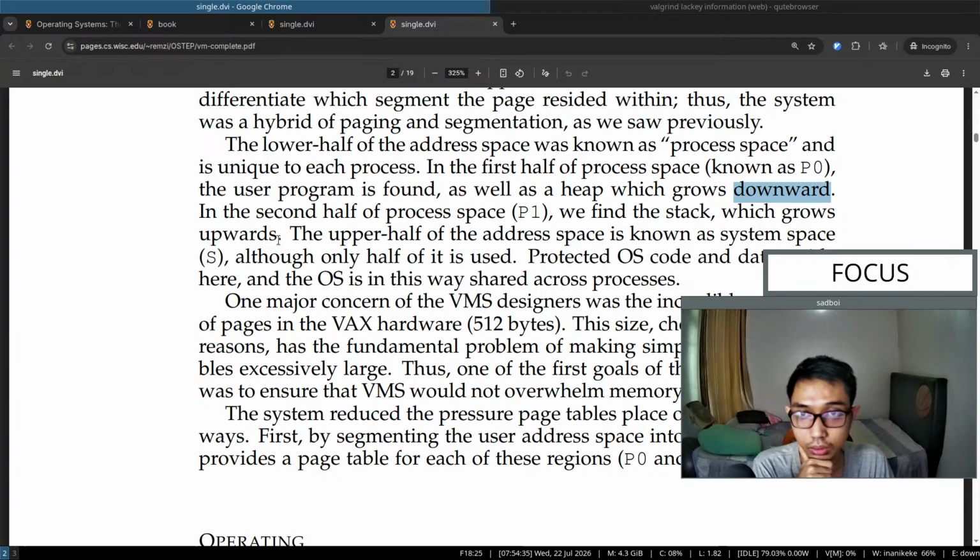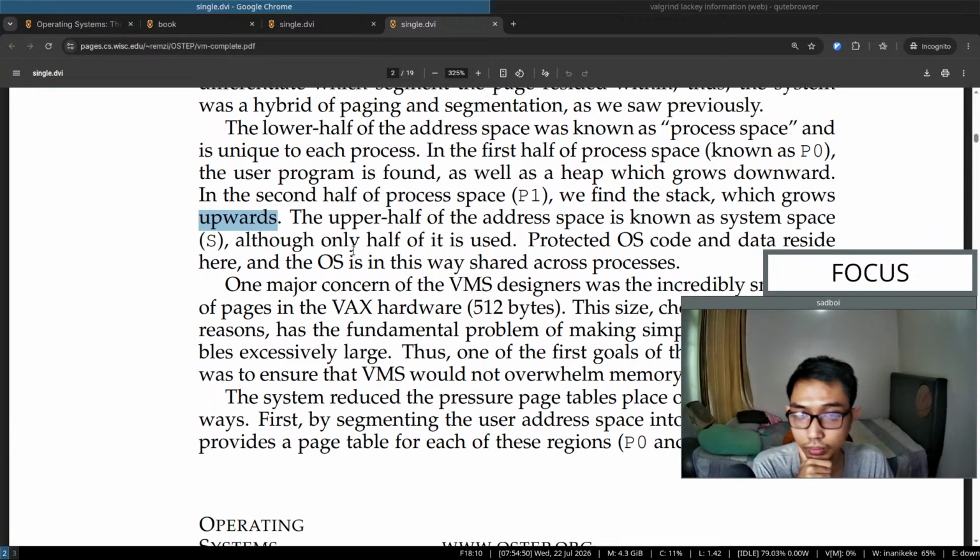Well, downward or upward depends on where the lower and higher addresses are, I assume. I'm still not sure yet. Let's continue first. The upper half of the address space is known as system space.